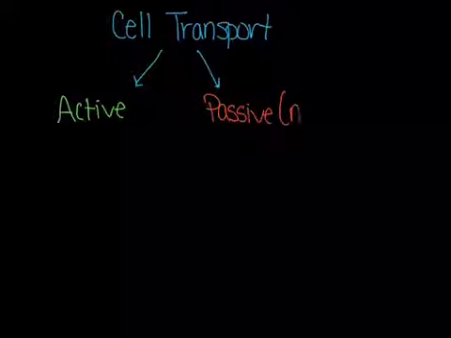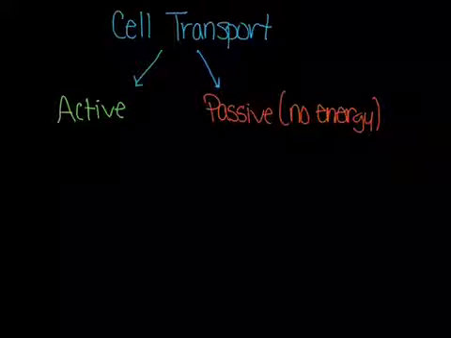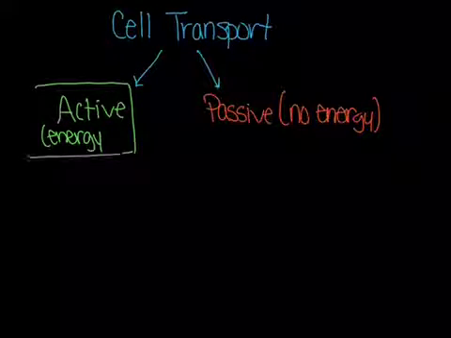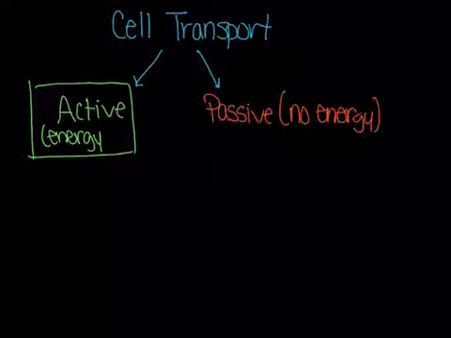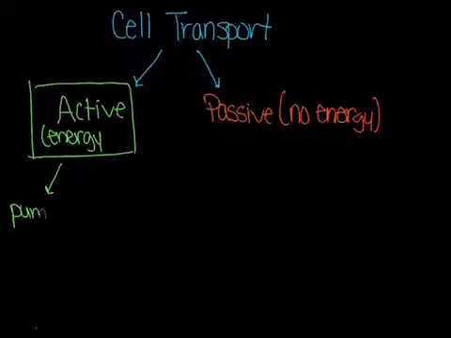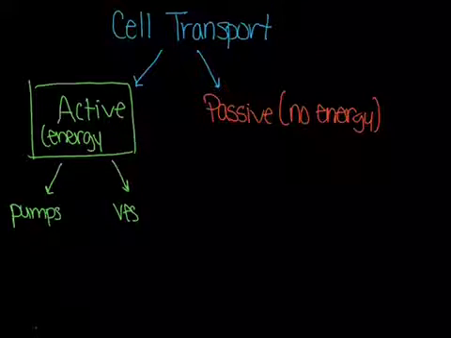So passive is no energy. And active requires energy. Then, let's just focus on the active transport side. Active transport can be further divided into either pumps or vesicle transport.